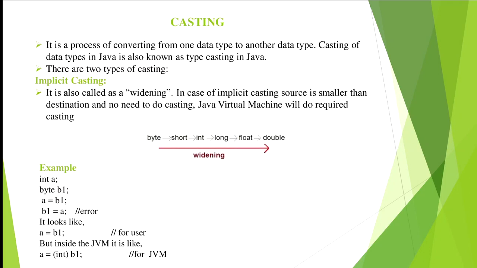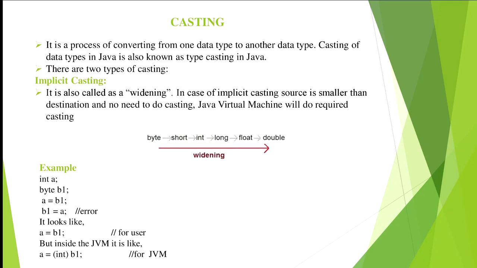a = b1 looks like this from the user side, but inside the JVM it looks like a = (int) b1. Here I just change the cast of b1 from byte to int. Why?